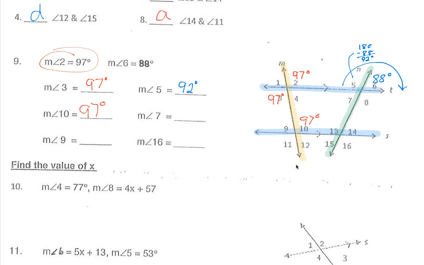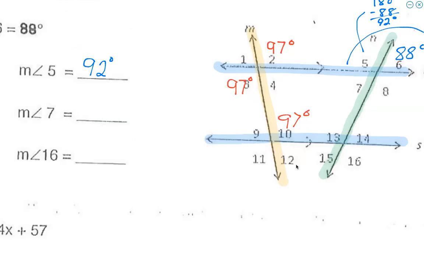And number 9 is supplementary with number 10. So 180 minus 97 is 83.